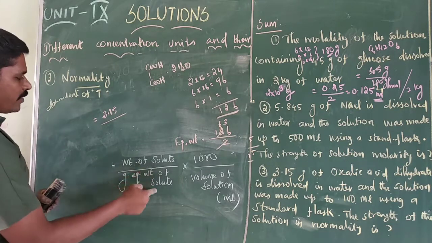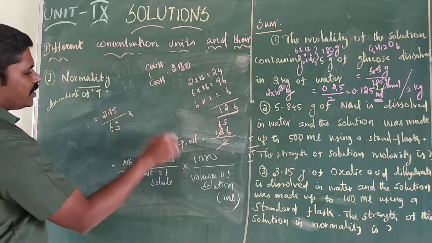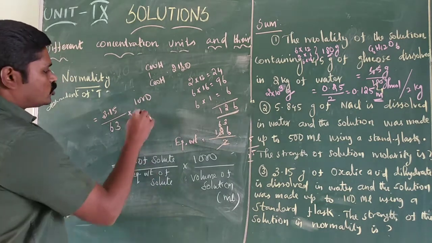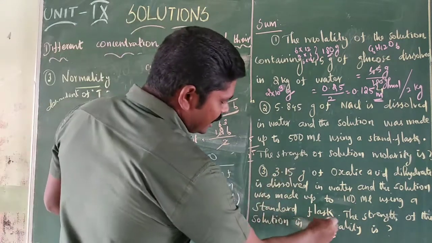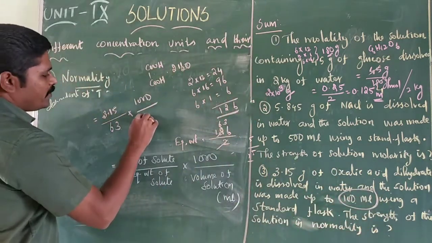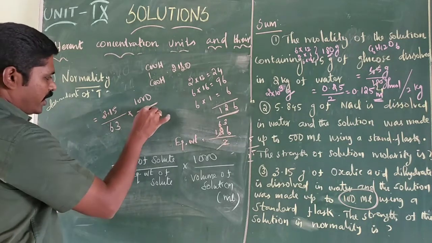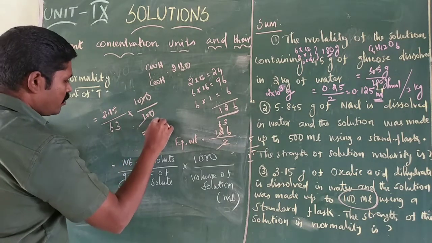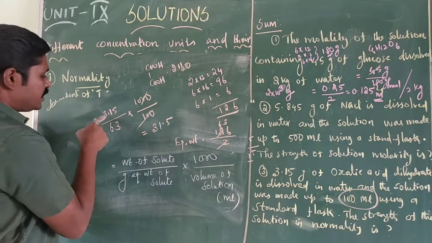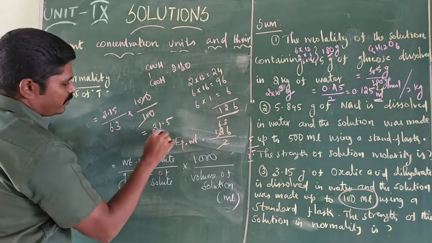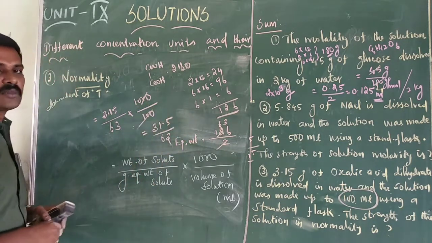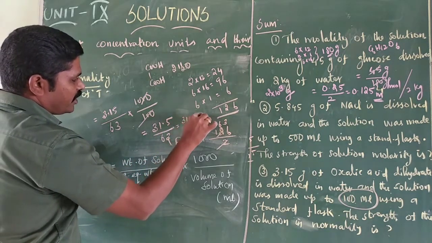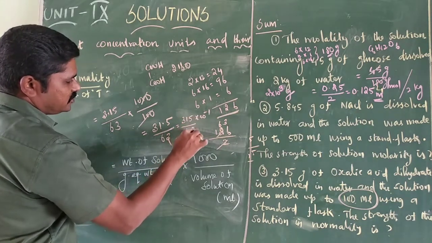The gram equivalent weight of solute is 63, into 1000 divided by volume of solution, 100 milliliter. So that is equal to 31.5 divided by 63, which is 15 into 10 power minus 1 divided by 63.